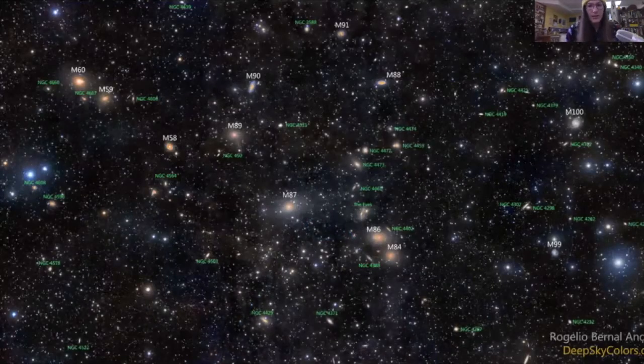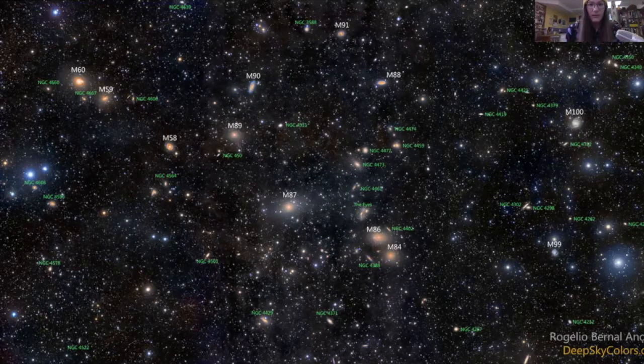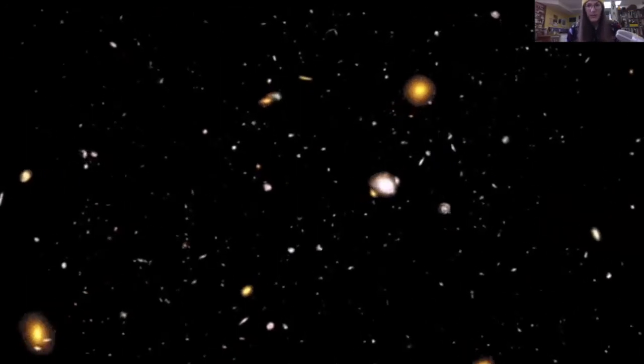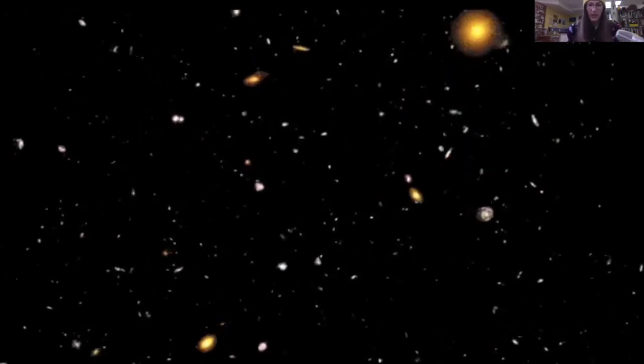When we look into outer space with our big telescopes, all those little blobs that have letters and numbers next to them are galaxies. So there's a lot of galaxies out there. All of these blobs that you're seeing kind of flying at the screen are galaxies.